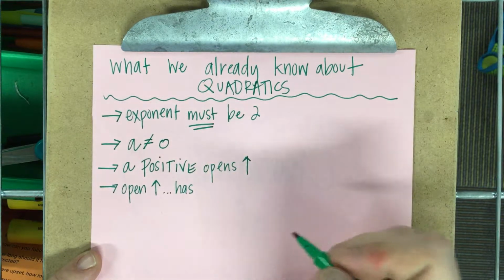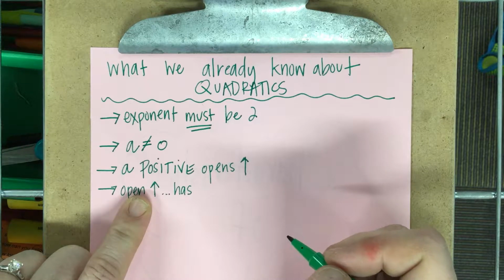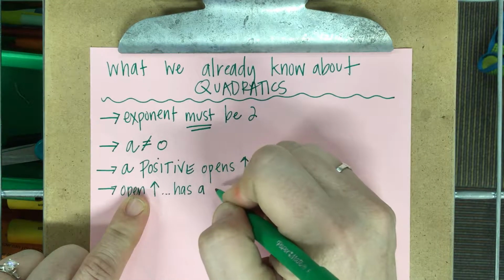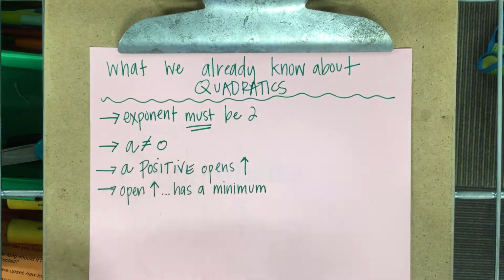Do you know what the top is if it opens up? No, you don't know what the top is. So it can't have a maximum. It has a minimum, which is the bottom of the graph, right? Let's keep going with that.